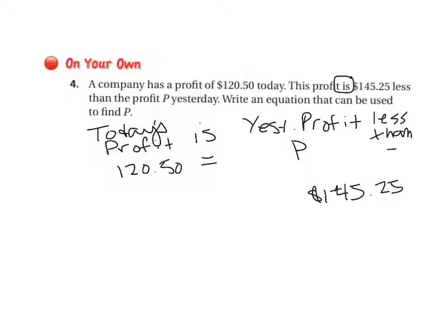So if we put this into an equation, it looks like this: $120.50 equals P minus 145.25.